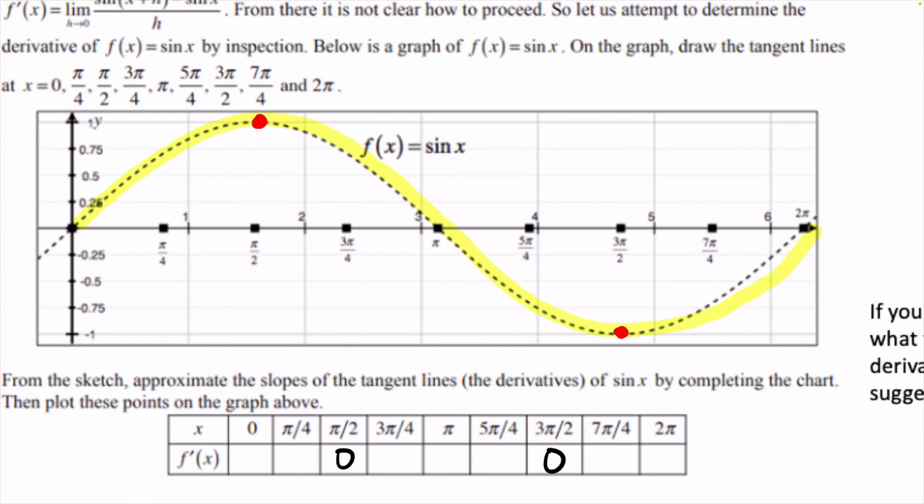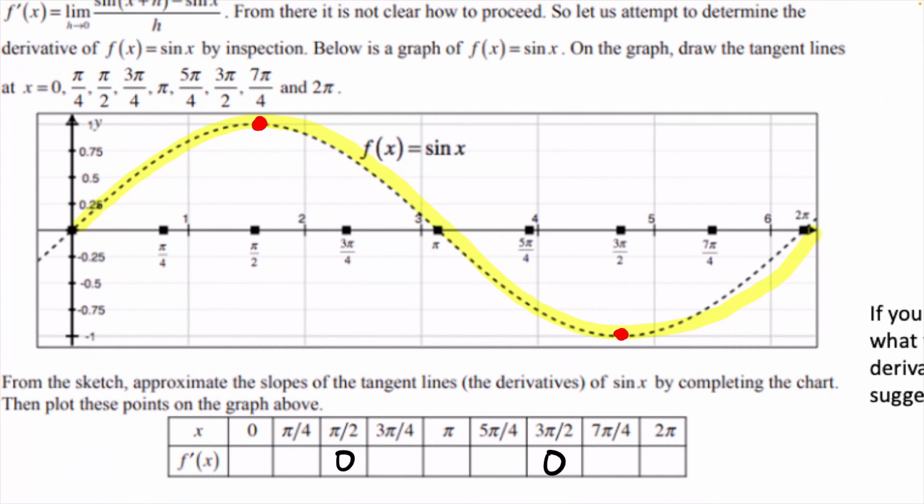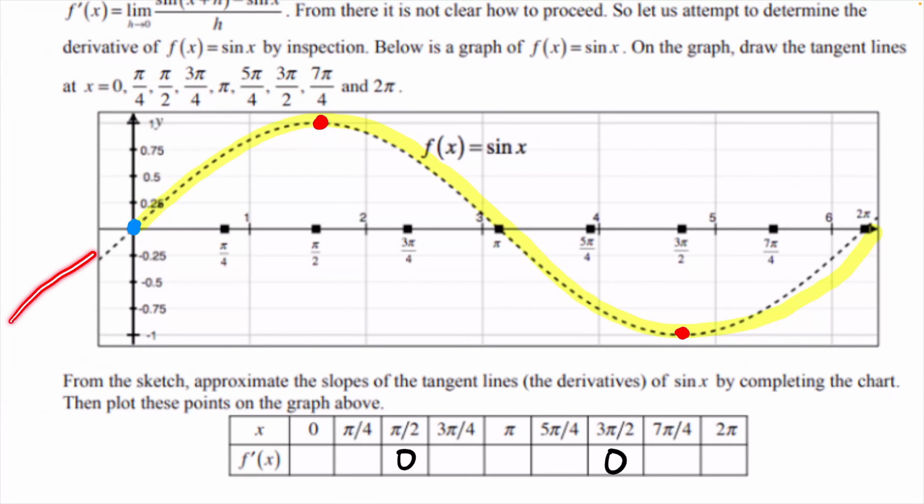But let's look here. Let me look here. At that blue dot, if I was to draw a tangent line, it would look like that, right? What slope does that red line have? How many rise, how many run? How many do I go up? How many do I go over?